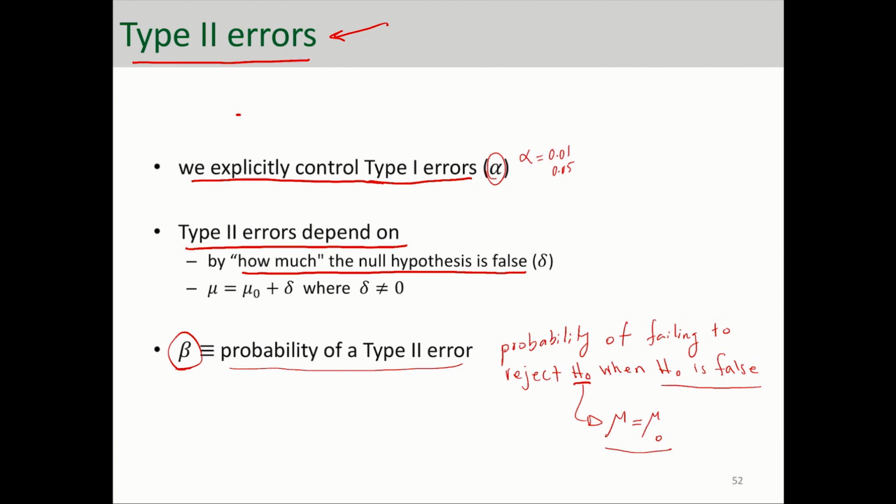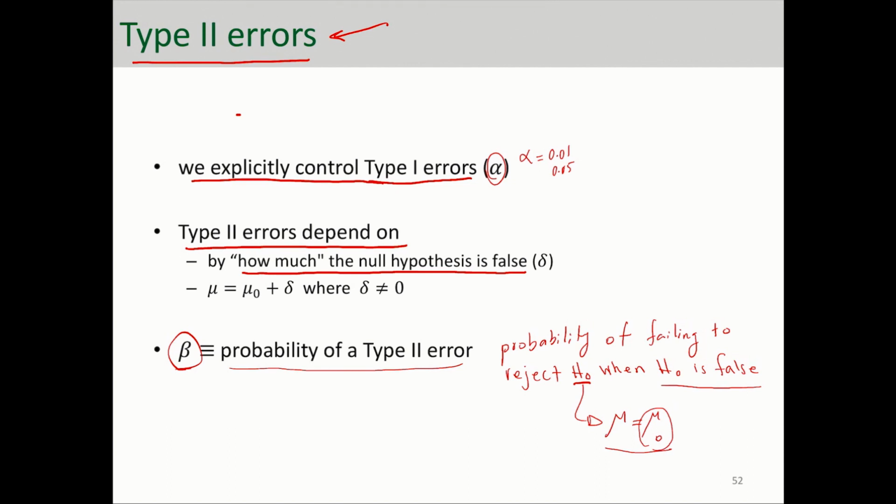If that is a false hypothesis, probability of failing to reject it is called beta. So it really depends on how much this is false. And when we say how much, we mean how much is this hypothesis that we're making off from the true population mean?